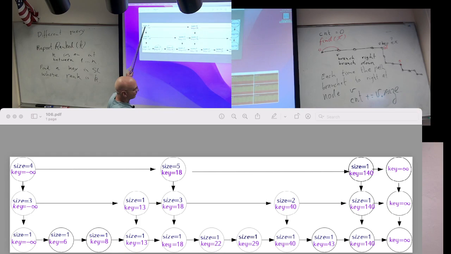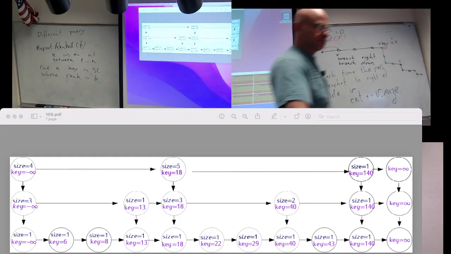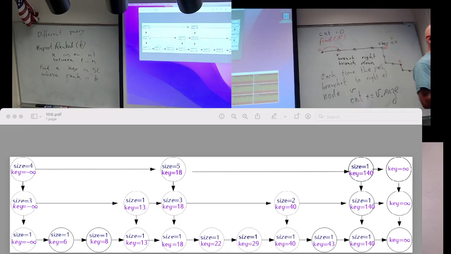Let's say that I'm looking for the third largest element. I always start my search from here. Elements that are three small, that are two elements smaller. Can the size field tell me should I go to the right or should I go down? Just how you search for the key.